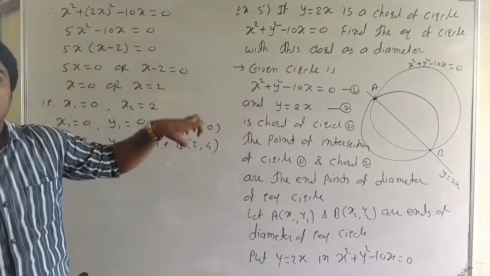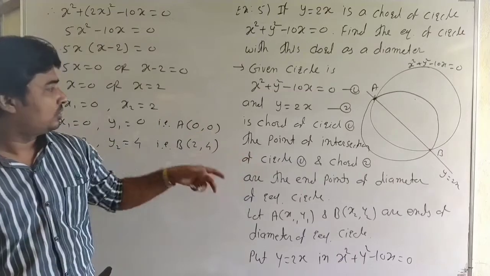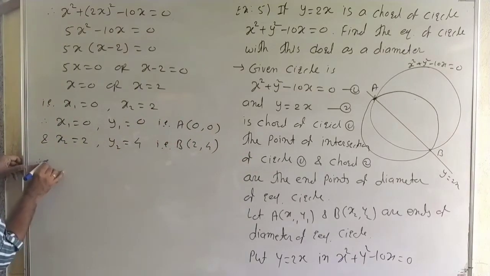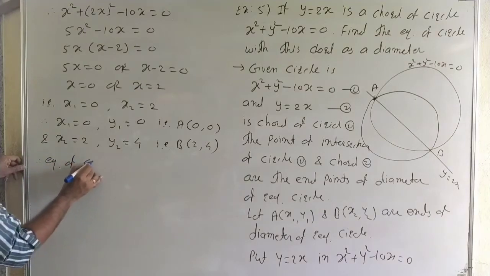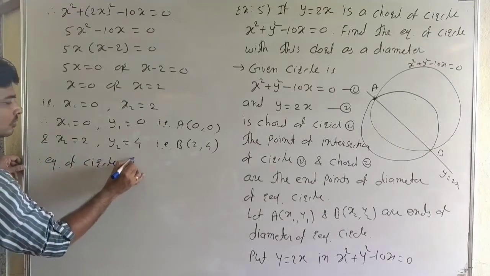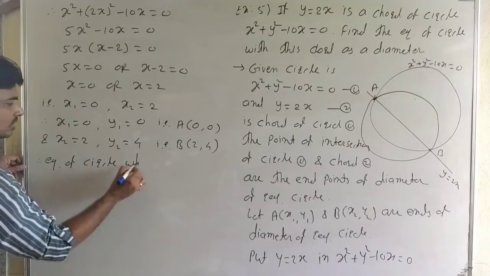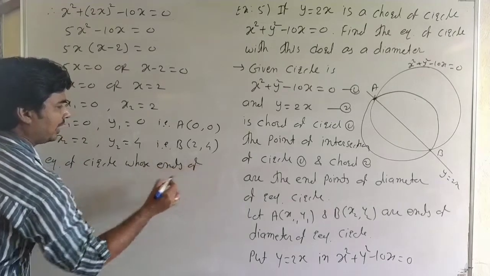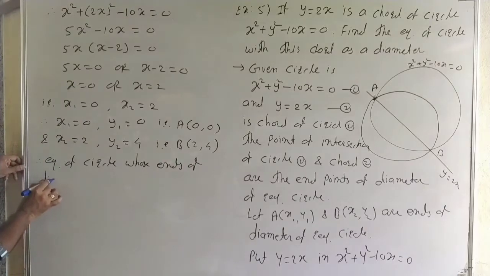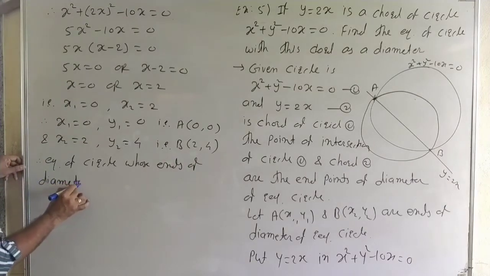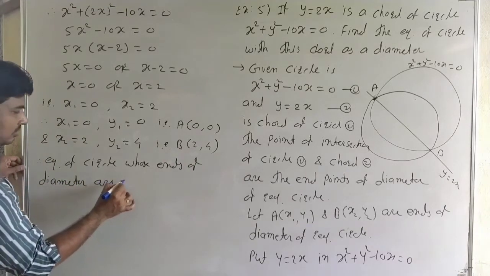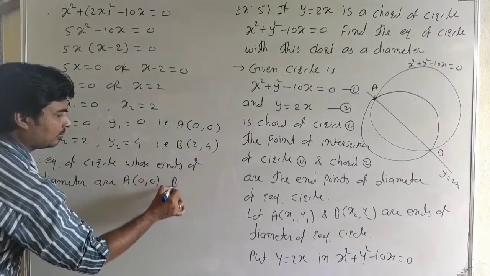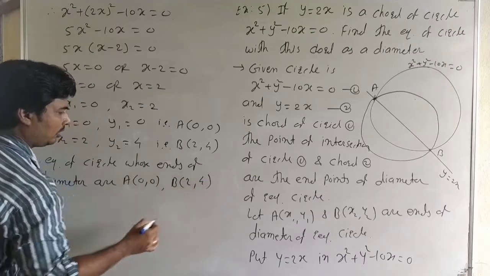Now we find the equation of circle whose ends of the diameter are these points. Therefore, equation of circle whose ends of diameter are A (0, 0) and B (2, 4).